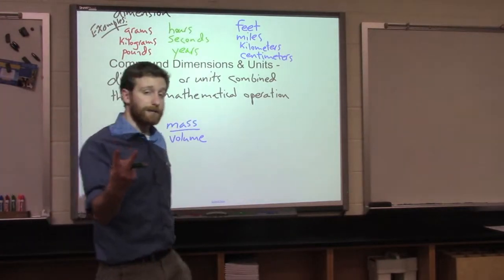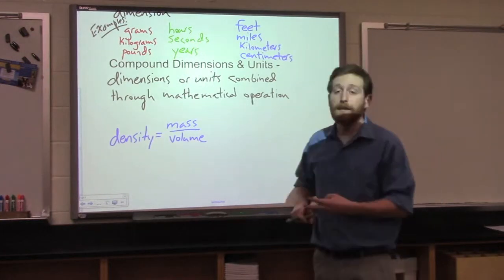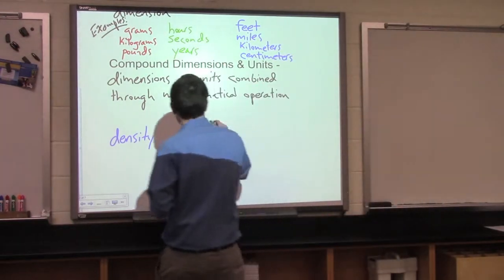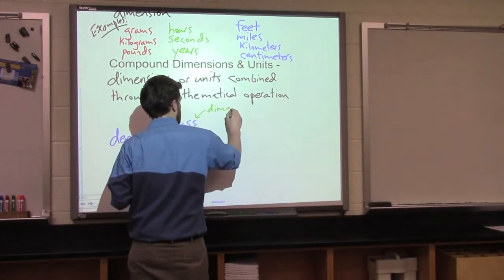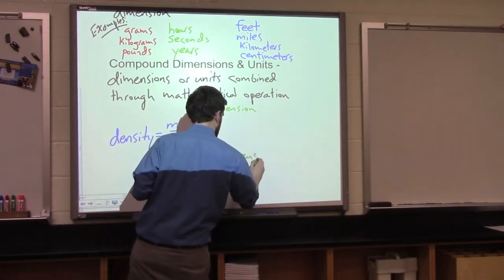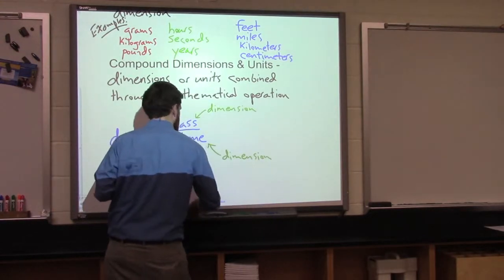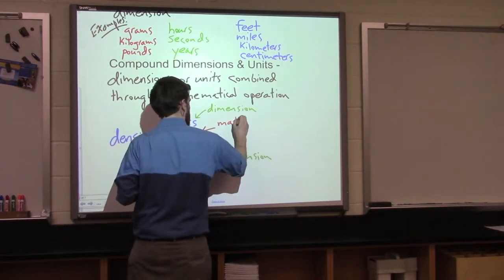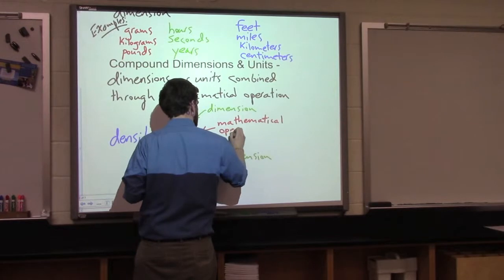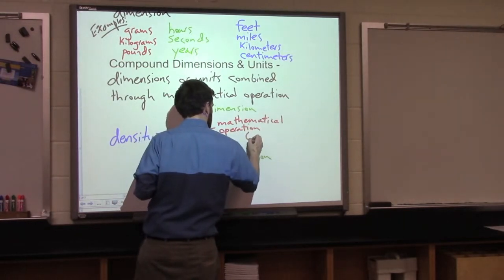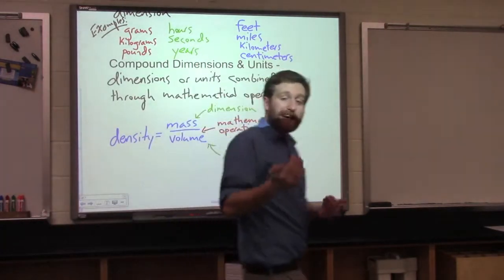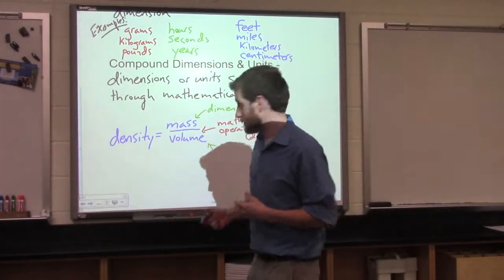So here we have two dimensions, mass and volume, being combined through a mathematical operation, this operation being division. This all leads to a compound dimension, this dimension being density.